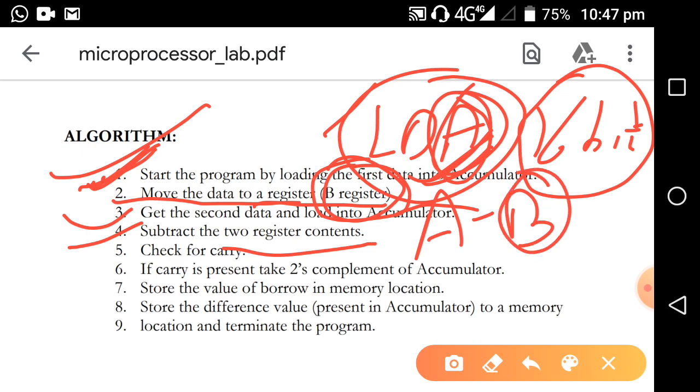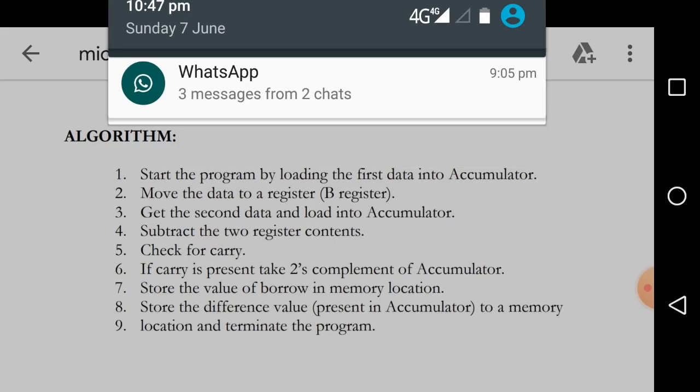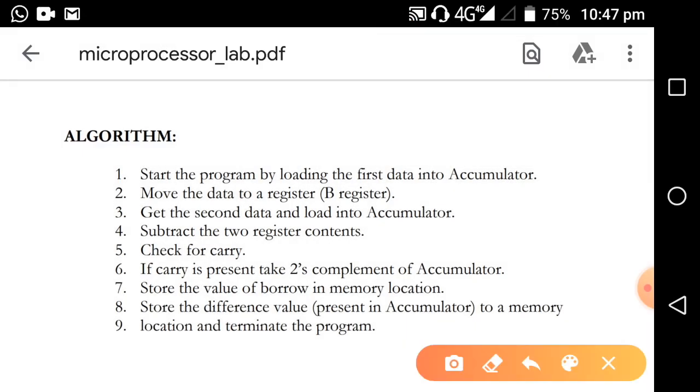Okay, so there is a possibility that there is a borrow or not. In the 8085 program, for the borrow we will use the carry flag. In addition, this is represented by the carry, and in the subtraction process, the same bit of the flag register, bit 0, represents the carry flag.